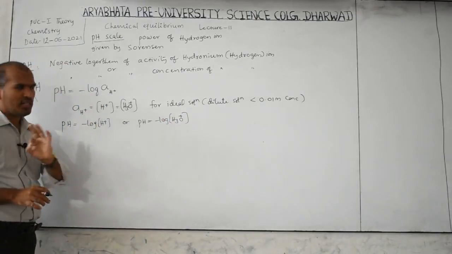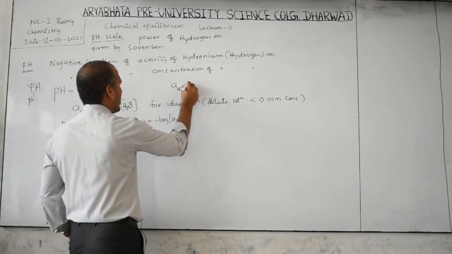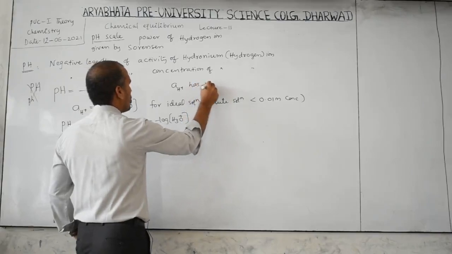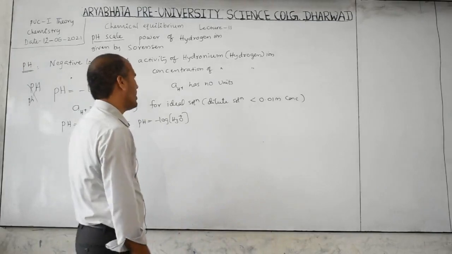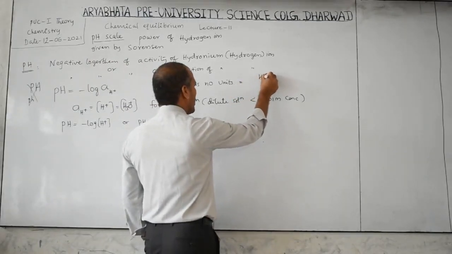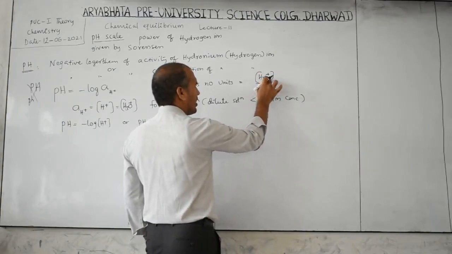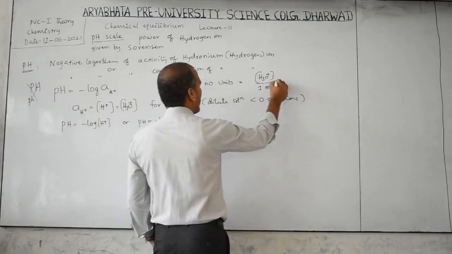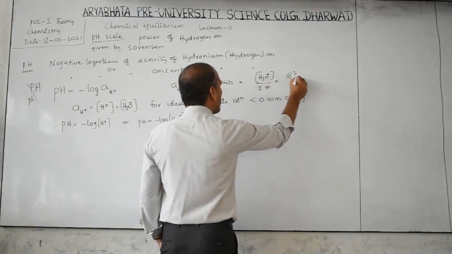And activity has no unit. The activity of H plus ion has no units, because it is represented as H3O plus ion concentration divided by 1 M. For example, if the H3O plus ion concentration is 10 power minus 3 M, consider 1 M in the denominator; the M cancels.